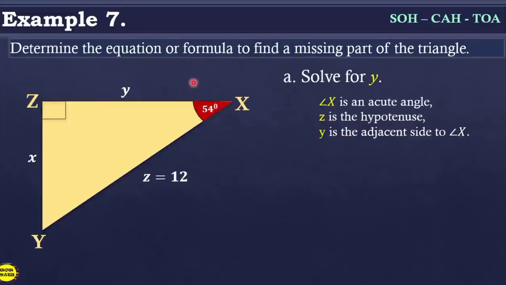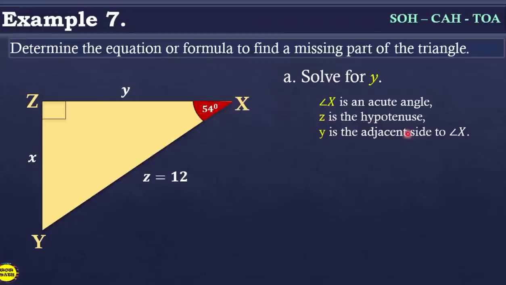Given yung angle x mo, given yung iyong hypotenuse. And then yung y, anong relationship nung unknown, nung pinapahanap dun sa dalawang given mo? Ito po ay adjacent to angle x since yun ang given natin.